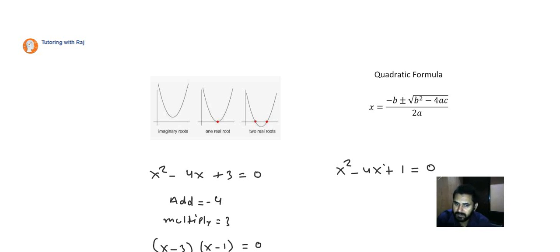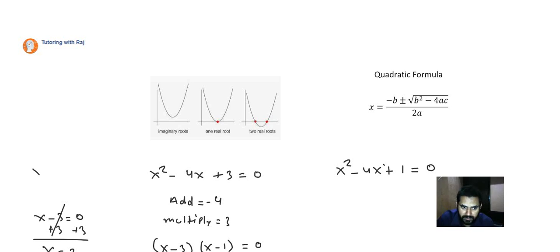Now we can apply the zero property, which is to set each factor equal to 0. So we get x minus 3 equals 0, and then add 3 on both sides. If we add 3 on both sides, we get one of the solutions as x equals 3.